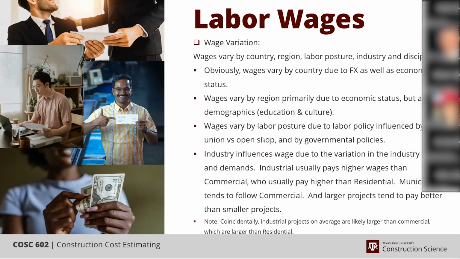Although the craft, you tend not to be able to draw the craft, even if it's only a $5 million job in the industrial work, because if that's all you're going to pay, they'll go to the bigger job. You still have to build it. So we kind of get stuck in that position where we've got to pay what it takes to get them there, or we won't get anybody there.